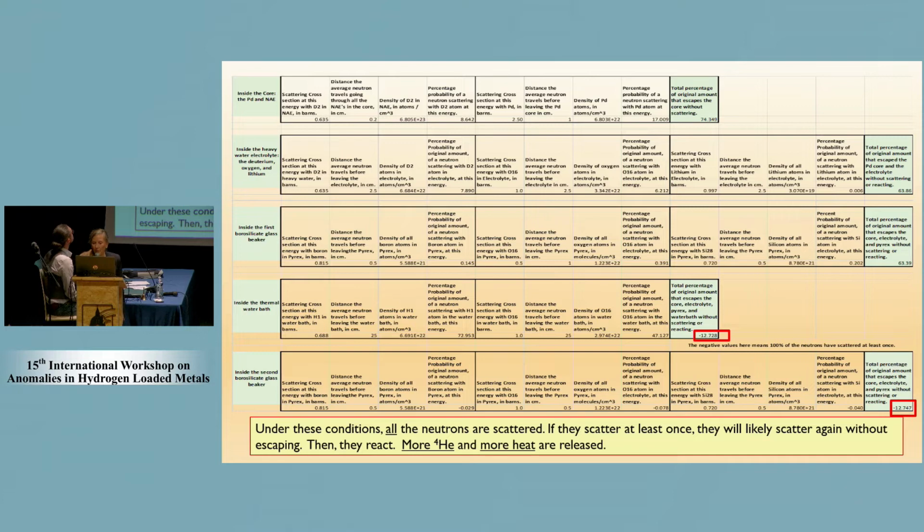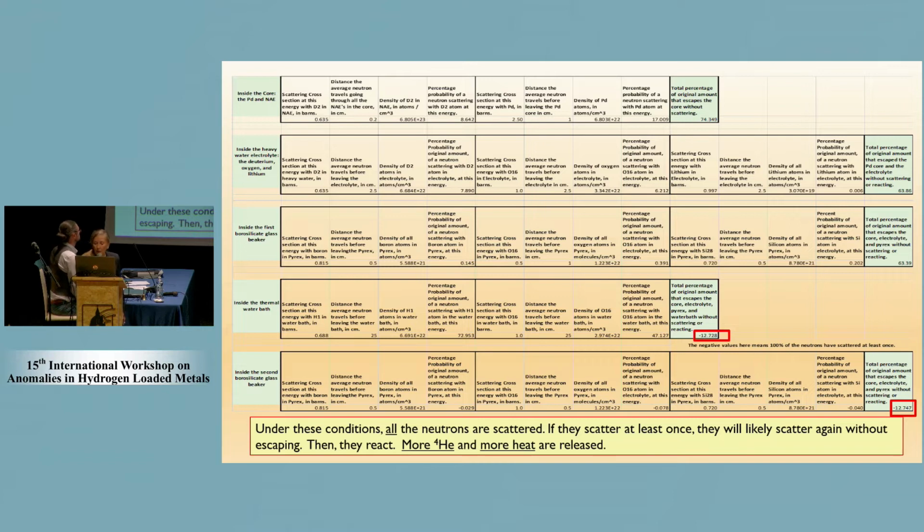The rows of numbers represent the percentage of scattering that occur in the palladium core, the electrolyte, the Pyrex, the water bath, and the second Pyrex.